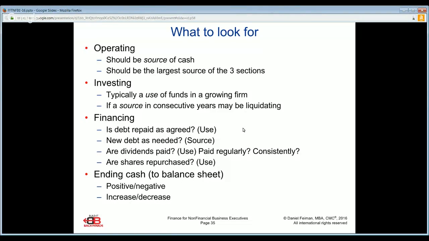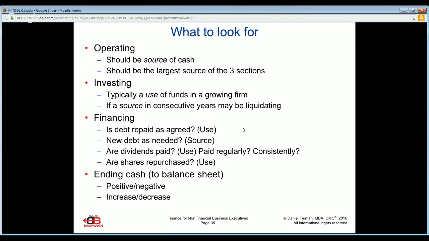The last point here is, are they repurchasing? Are they buying back any of their own shares? That would be a use of cash in the financing section. And that always brings up the question, why would we buy back any of our own shares? There's 5 perfectly good reasons why an organization might do that, but at least you want to ask the question.